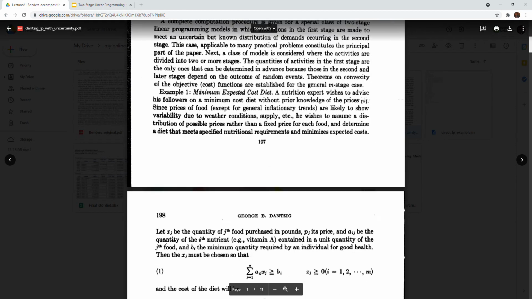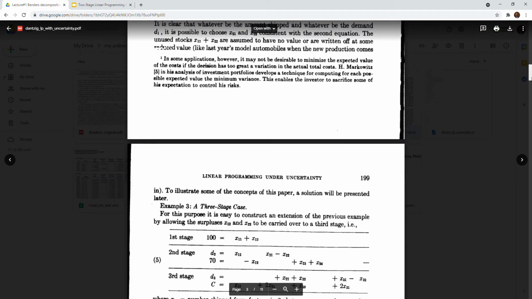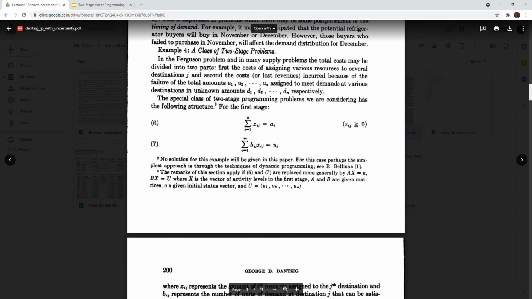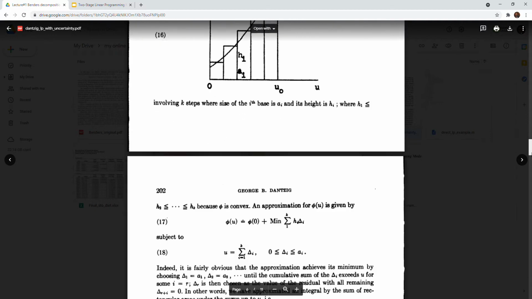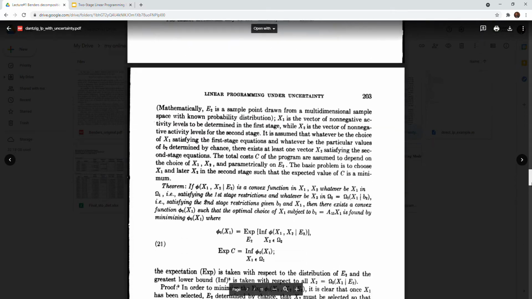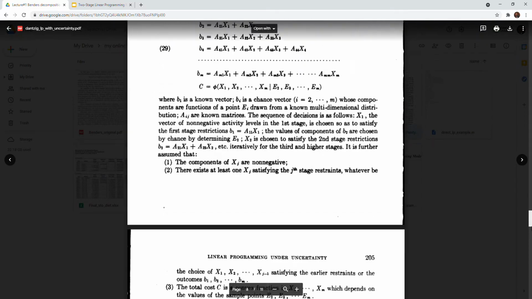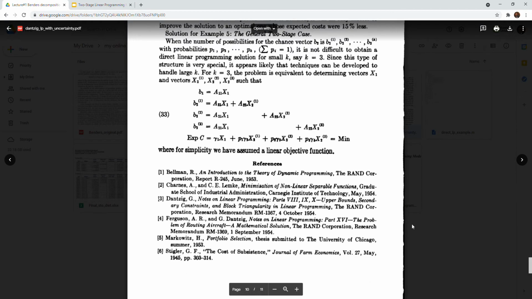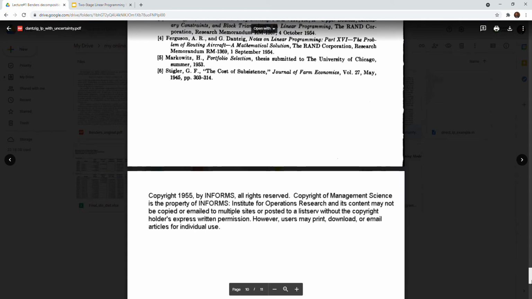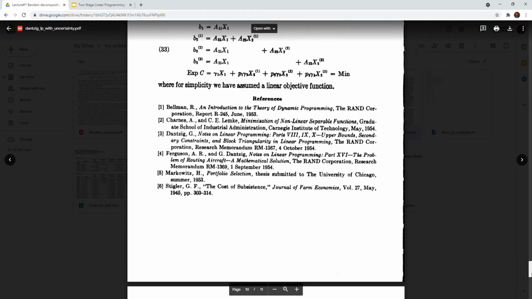This is a summary, and where will this summary end? It keeps going on and on until the end of the paper, and you get the references here. You have to understand that there are only 6 references here.